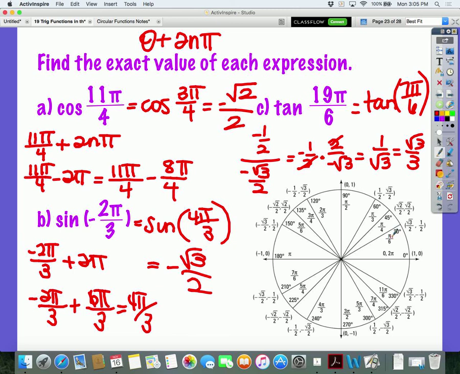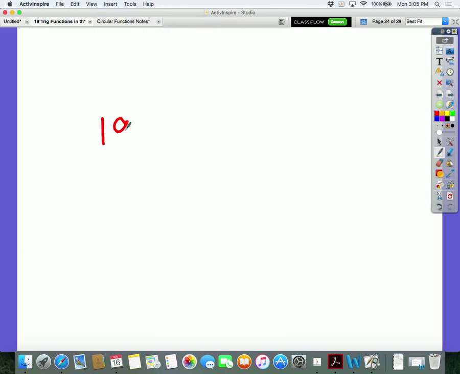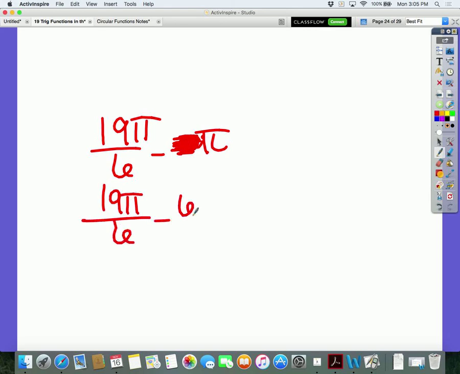Okay? So think about it. If I were to subtract a 1 pi, right? I need a common denominator. What's my common denominator? 6. What's 19 pi minus 6 pi?